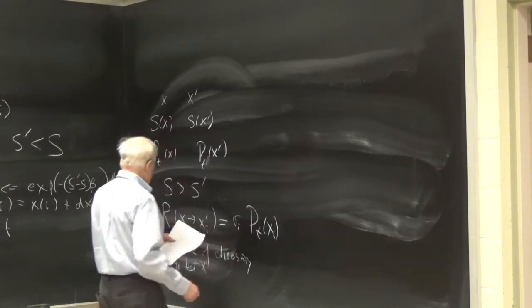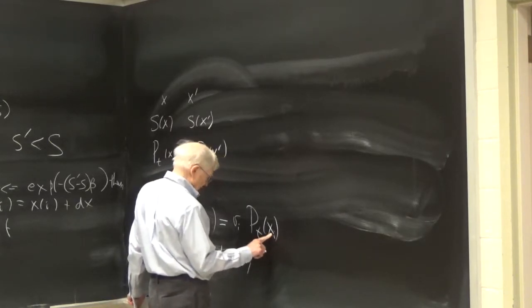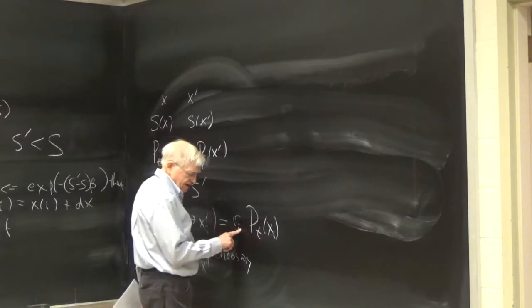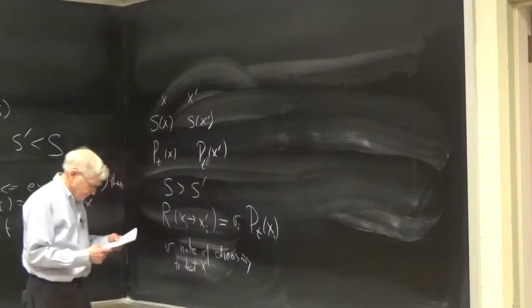Oh, I'm sorry, I was going x to x prime. So it's the probability that xi has the value xi times the rate of choosing to test that value at that lattice site.